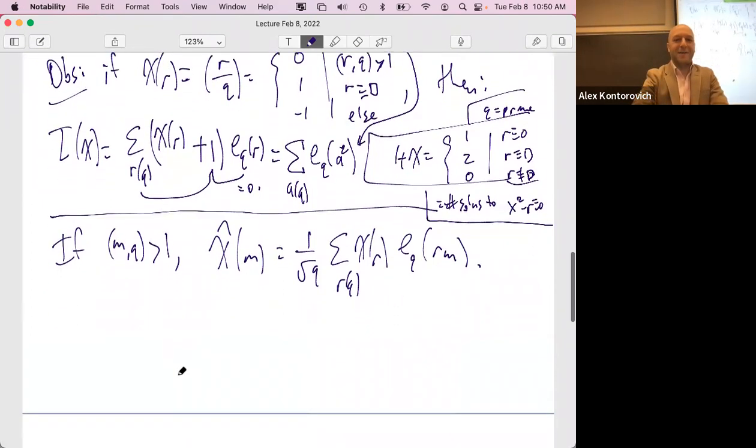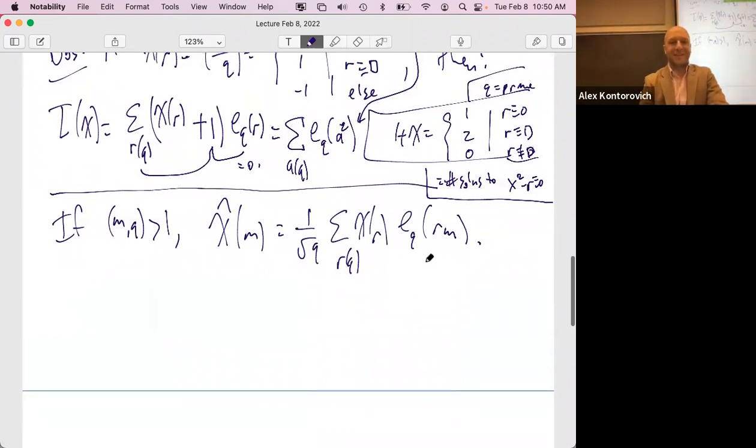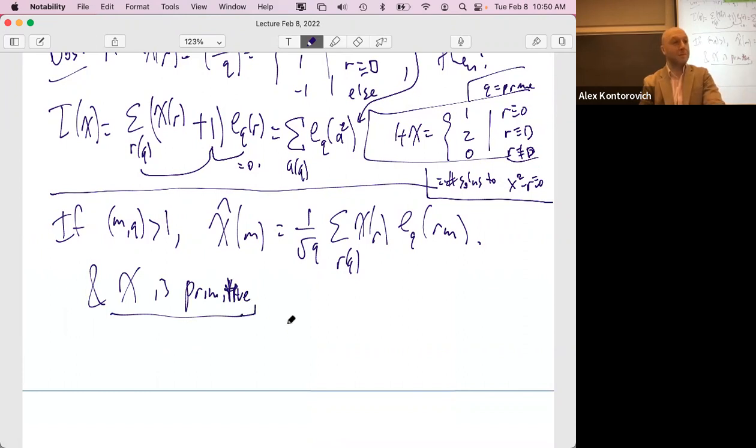Here, you can get some weird behavior. If gcd of q and m is bigger than 1 and chi is primitive, then it works out well. And if chi is imprimitive, it doesn't even work out like that.